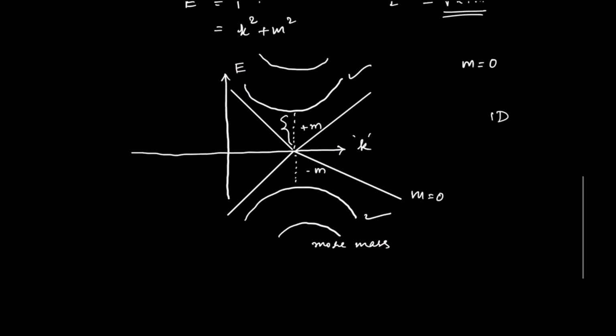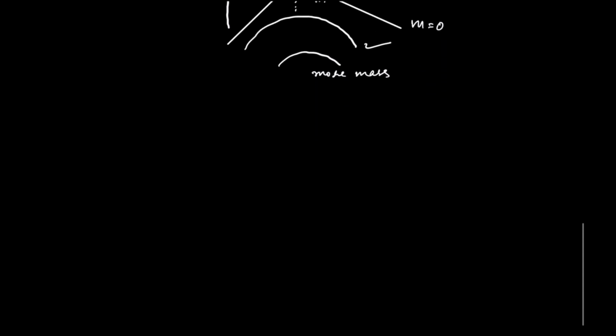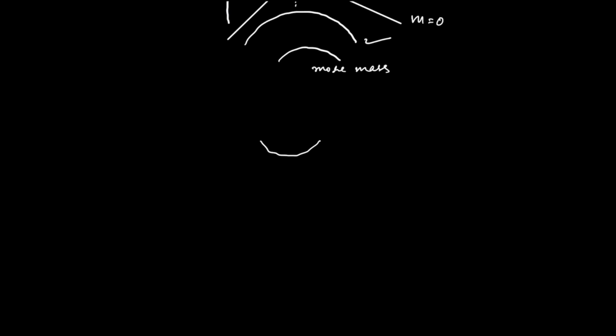If it is in 3 dimensions, then this is called a mass shell, because it's no longer a hyperbola, but you will have something like this in 3 dimensions. So it is called a mass shell, and you have both positive and negative energy mass shells.